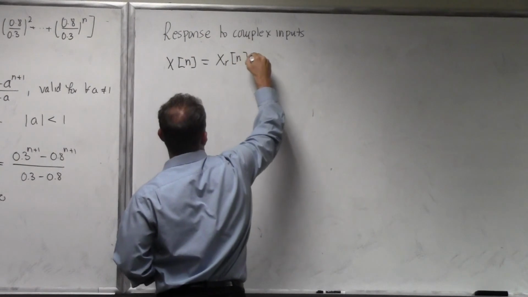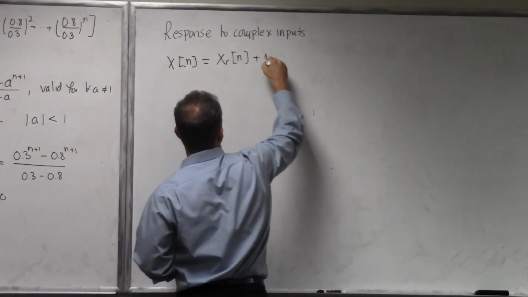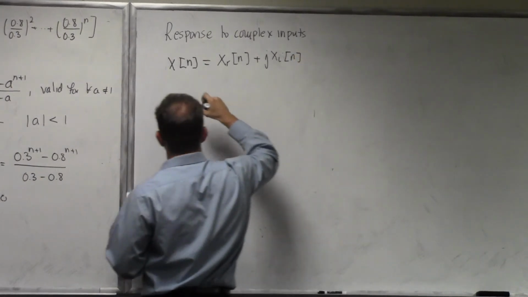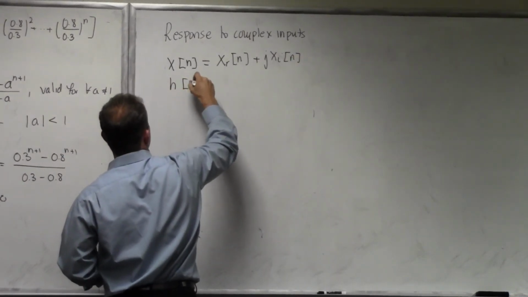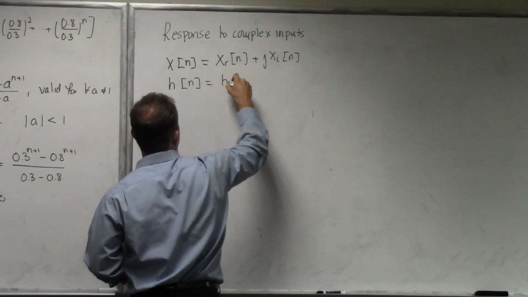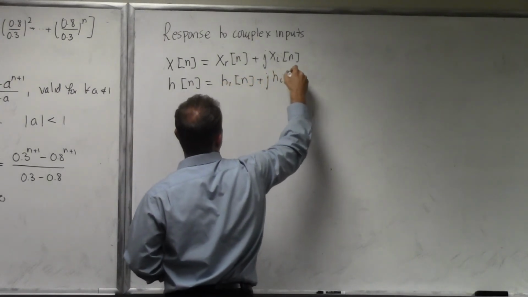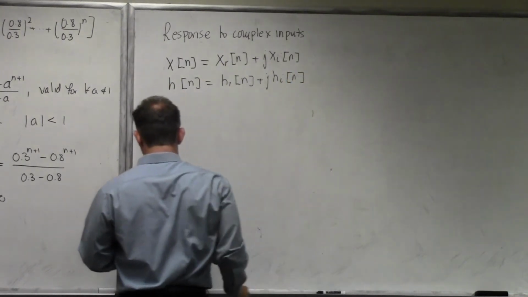One we call real, and the other one is your imaginary sequence. And your impulse response is also going to be complex. It's going to have two parts, real and imaginary.